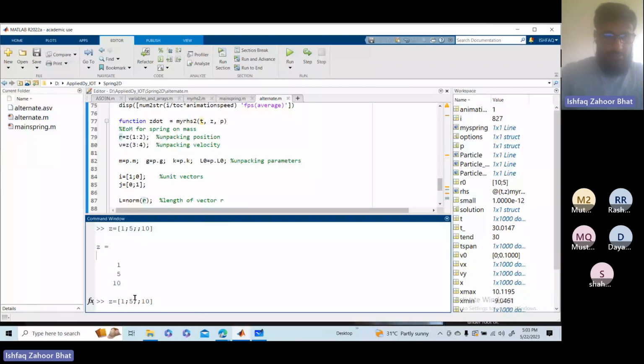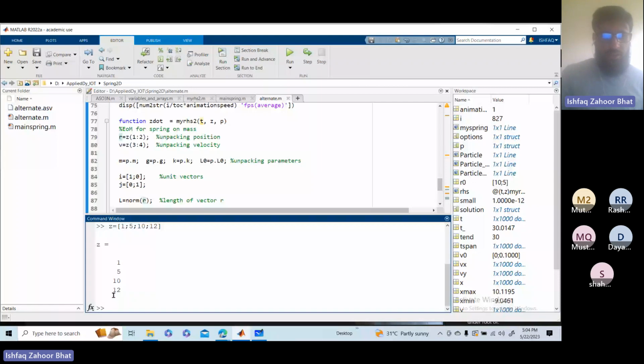So we have created a Z vector which has 4 components: first, second, third, and fourth.